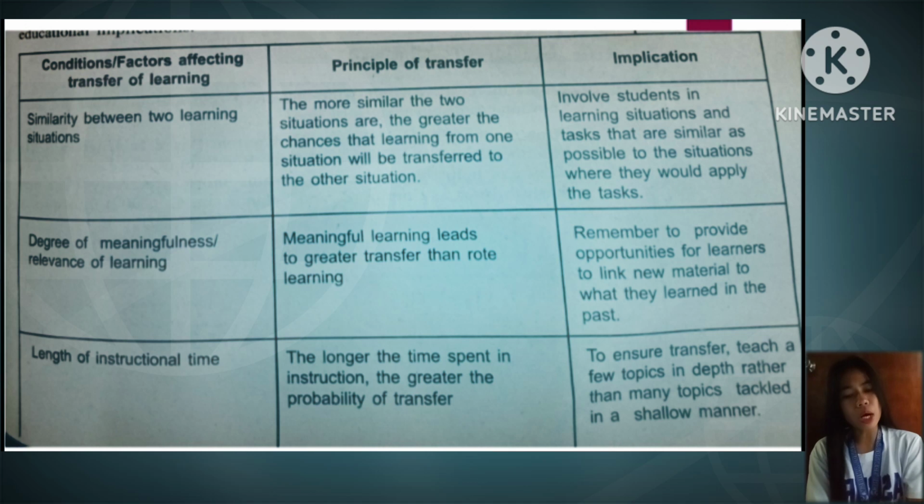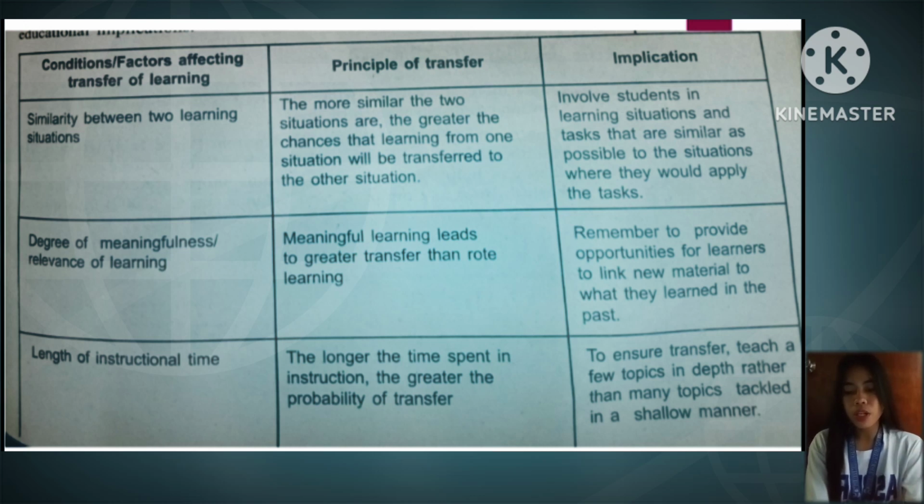Dito, dapat daw isangkot yung mga bata sa mga activities na kung saan halos kapareho ng situation, kung saan pwede nilang ma-apply yung mga natutunan nila sa previous activity nila.